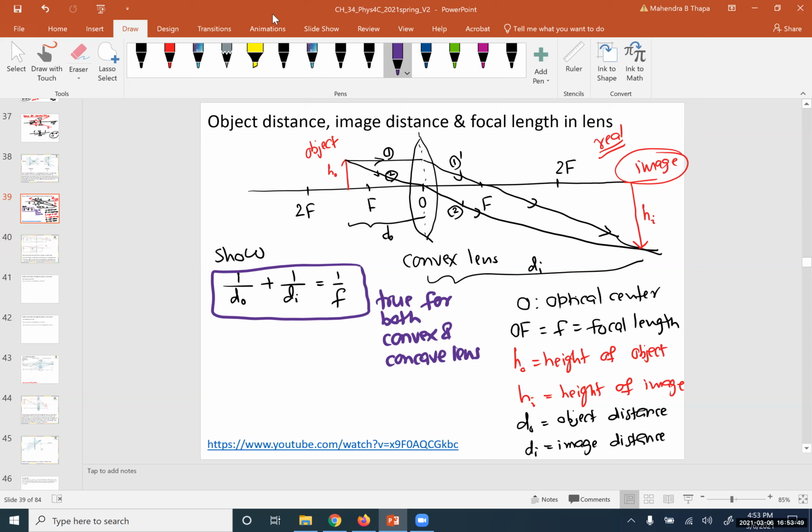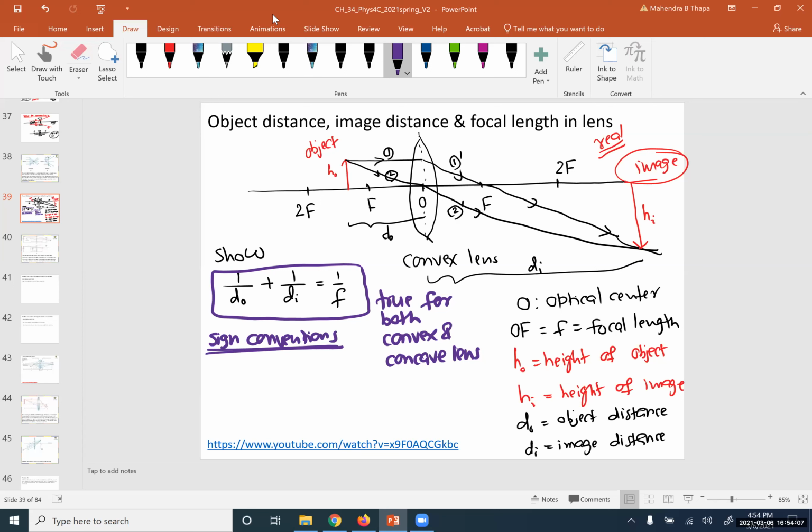In this scenario, sign convention is the important part. What sign convention will we use?